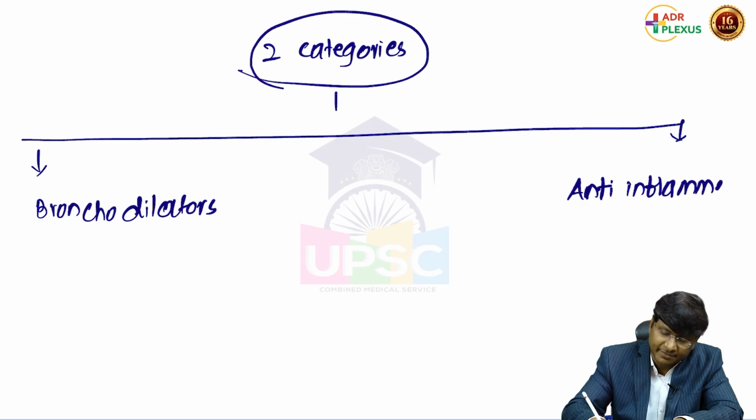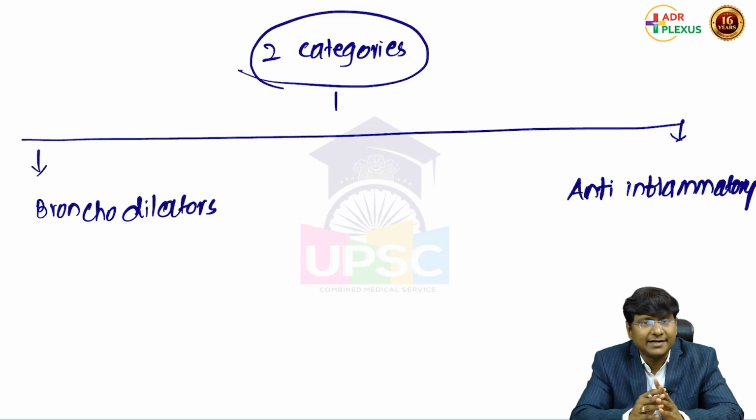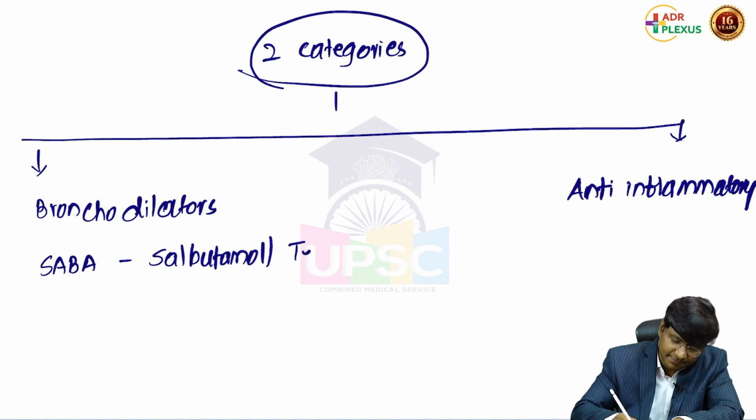Now for the bronchodilators, examples include short-acting beta agonists, for example salbutamol, and the other one is terbutaline.